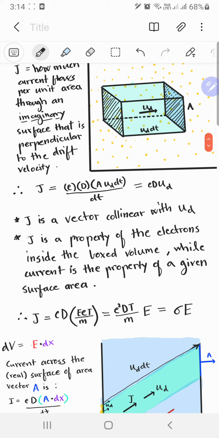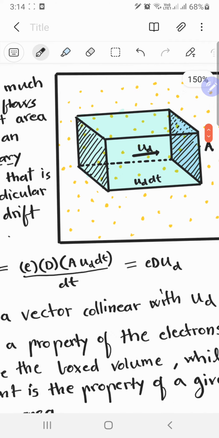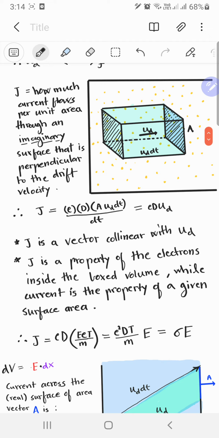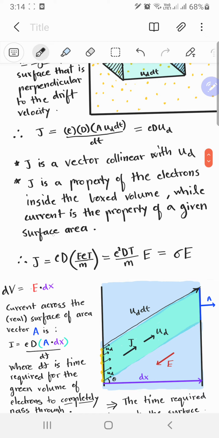So we have J is a vector collinear with ud. That's nice because J is a vector, as I told you, and it is by definition collinear with this drift velocity. And from this equation you can directly see the relation that J is E d ud. J is a property of the electrons inside the boxed volume, while current is the property of a given surface area.